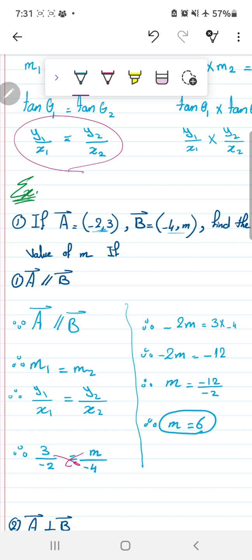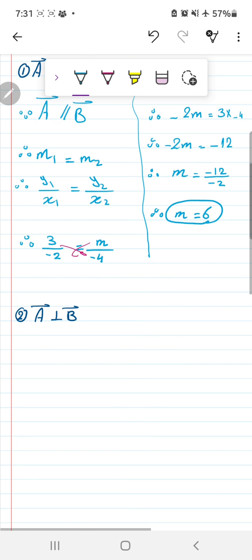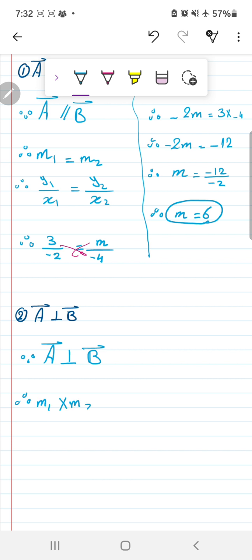Okay, now if vector A is perpendicular to vector B, so since vector A is perpendicular to vector B, m1 times m2 equals -1. m1 is y1 over x1 times y2 over x2 equals -1.